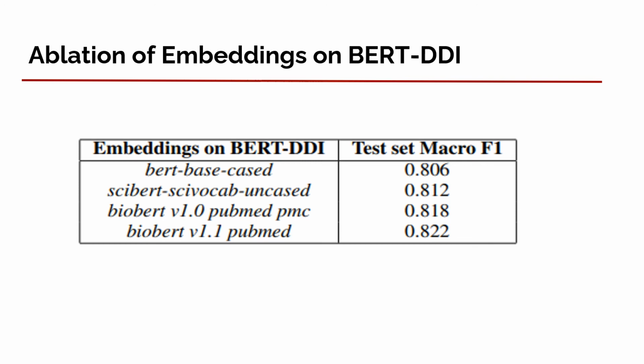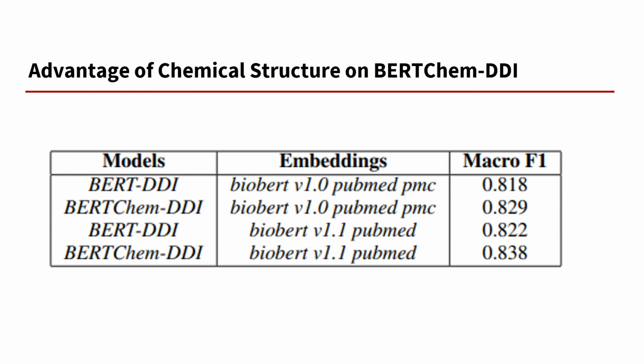The BioBERT PubMed version is performing the best, and since we have seen that these BioBERT representations are doing well, after we augment the chemical structure representation, we analyze how much the performance difference is. We can see that the macro F1 steadily increases as we keep appending the chemical structure representation. This is quite an interesting thing which we have explored in the paper.